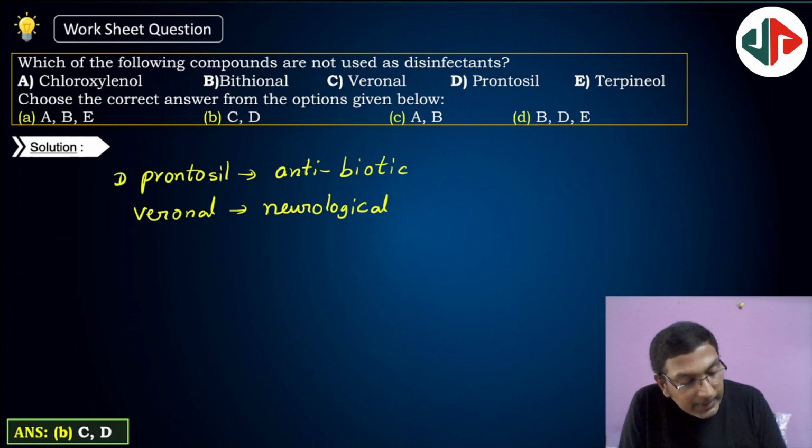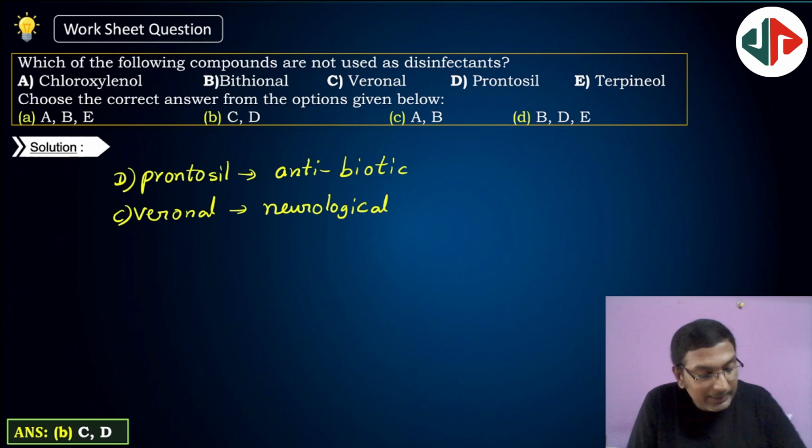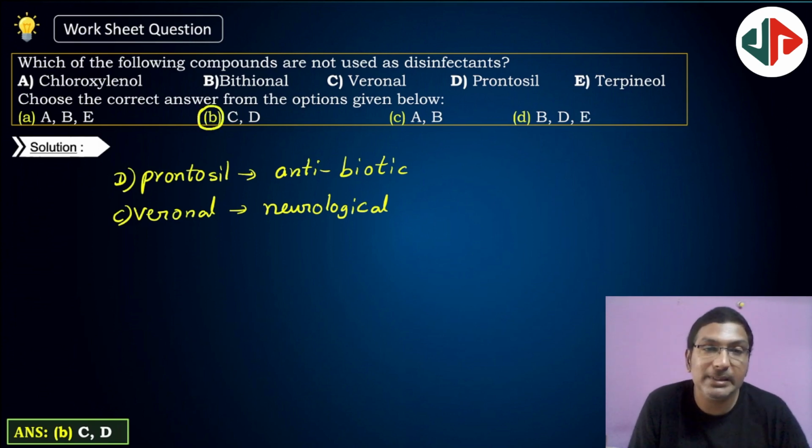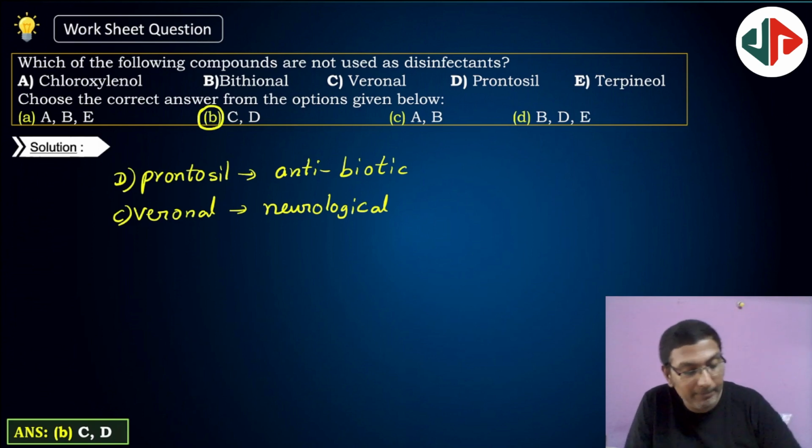So prontosil is D, veronal C. So remaining all are disinfectants. So CD, not used as disinfectants means CD. CD only, option B. Remaining all are disinfectants: chloroxylenol, bithionol, terpineol. Next.